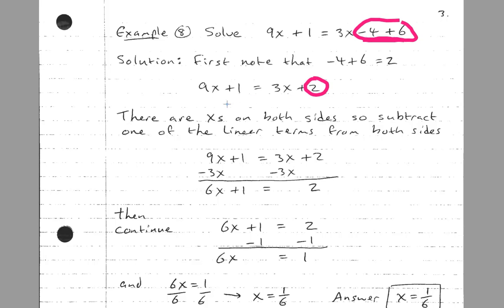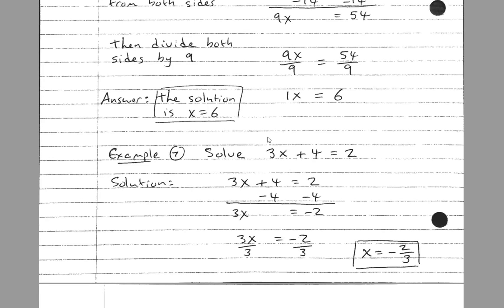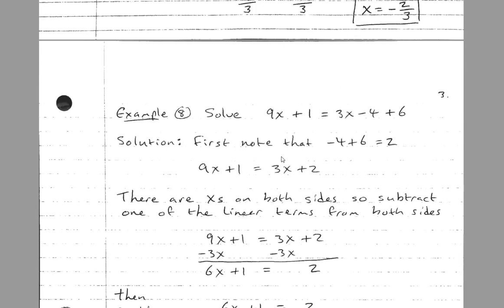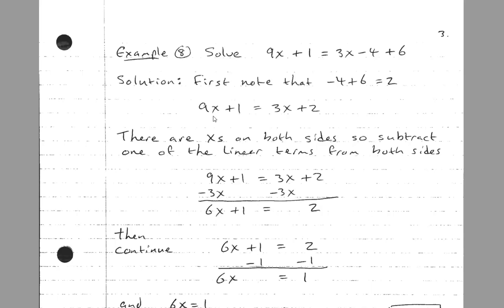We see the difference here. In this example, we have x's on both sides. In the previous examples, there was just x on one side. Okay, so there's an easy step to fix that problem. Here we can just subtract 3x from both sides.